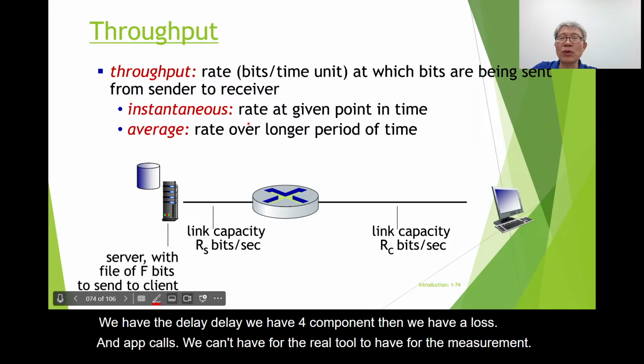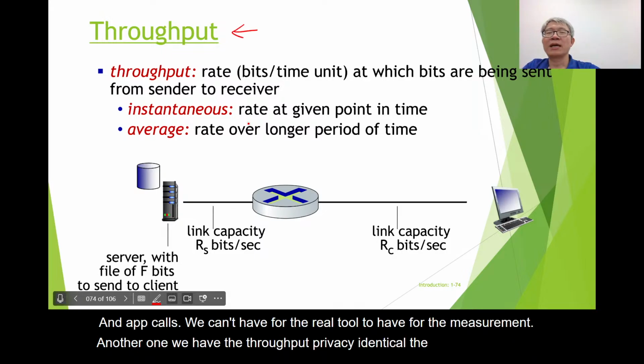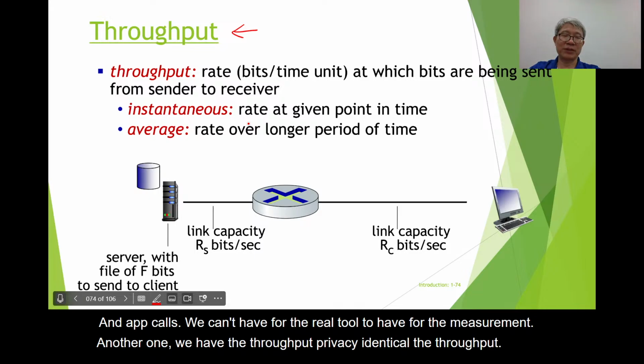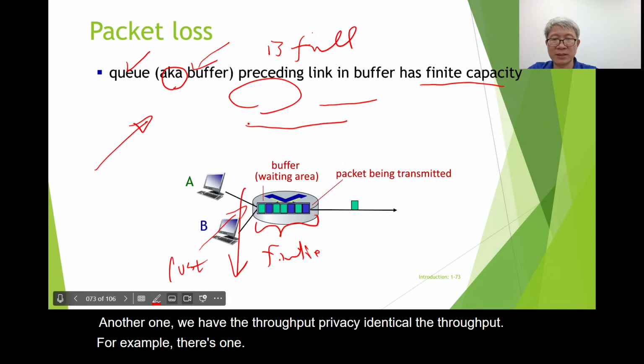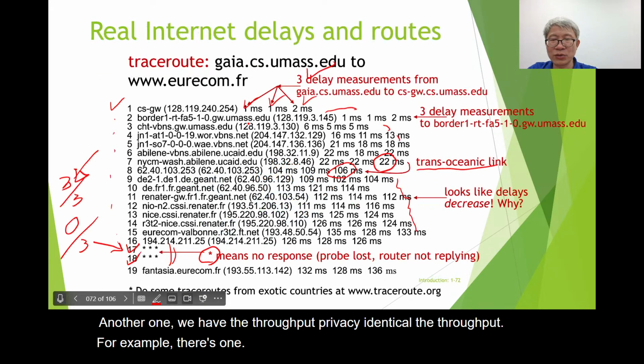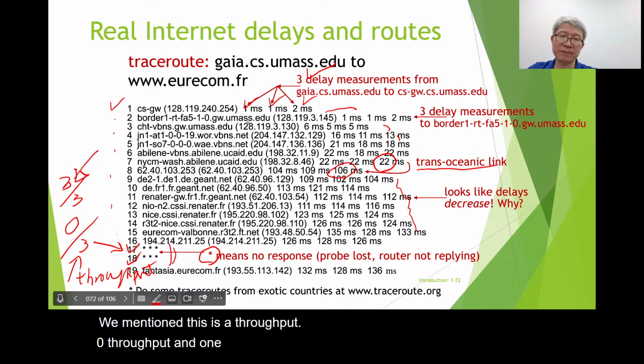And the last one, we have the throughput. Previously, I didn't introduce the throughput. For example, this one, we mentioned this is a throughput: zero throughput and 100% loss.